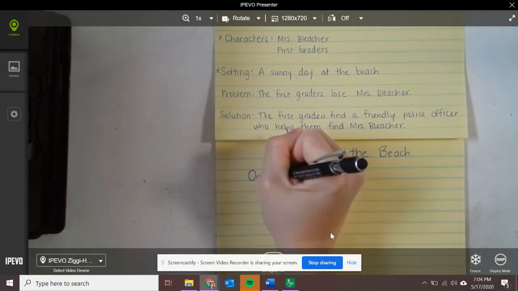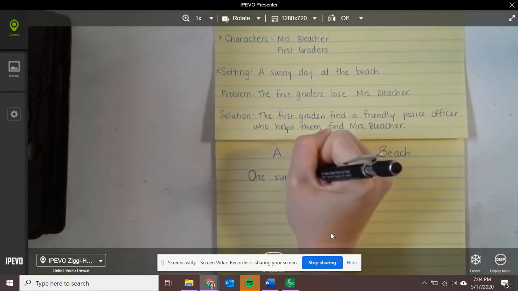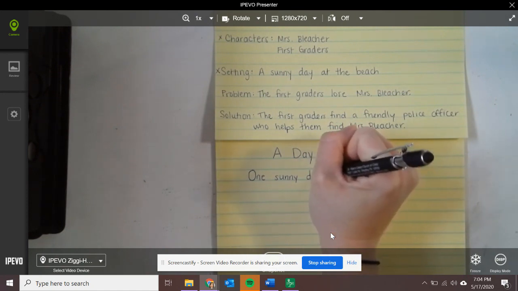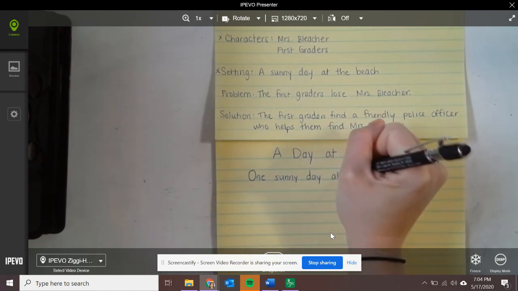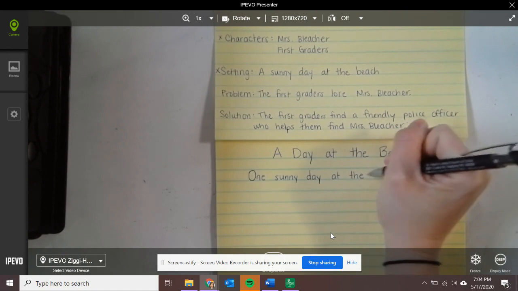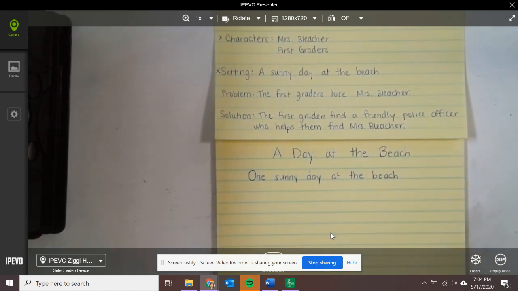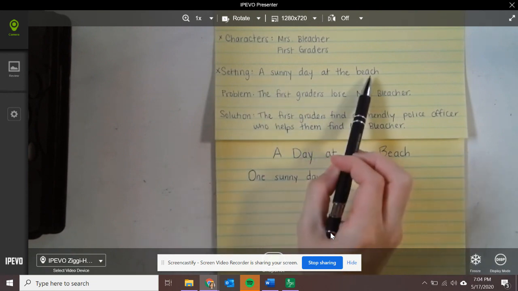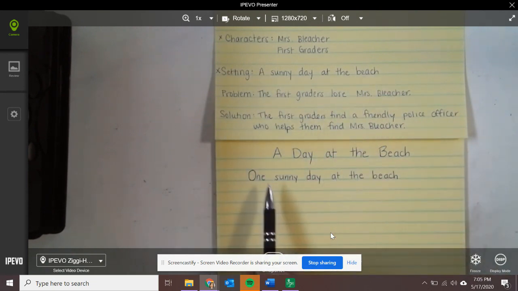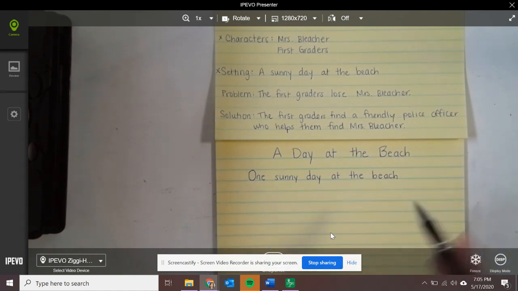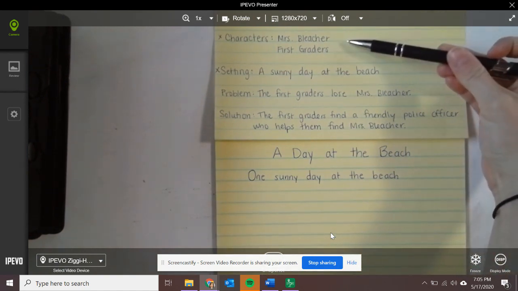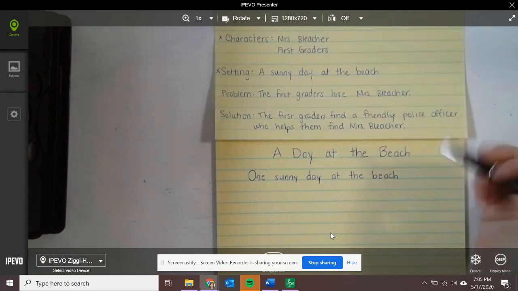So one sunny day at the beach. Notice how I just copied exactly what I had, other than changing that first word to 1. So one sunny day at the beach, and now I'm going to take my characters and I'm going to tell you who's there.